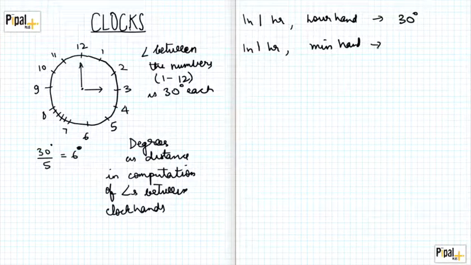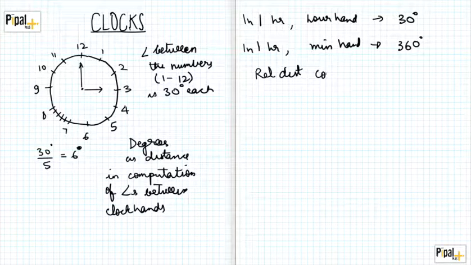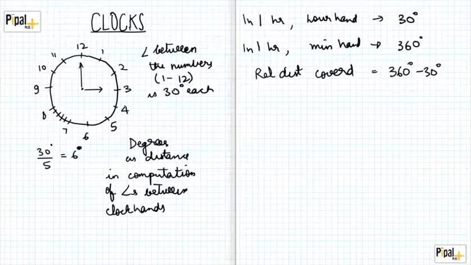So the minute hand has rotated by 360 degrees, right? So if I have to find the relative distance covered by the minute hand with respect to the hour hand in 1 hour, it is equal to 360 degrees minus 30 degrees, because both of these distances have been covered in the same direction, right? So basically 330 degrees of distance between them has been covered in 1 hour.